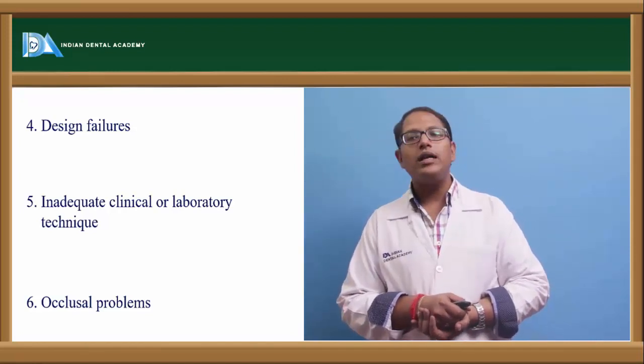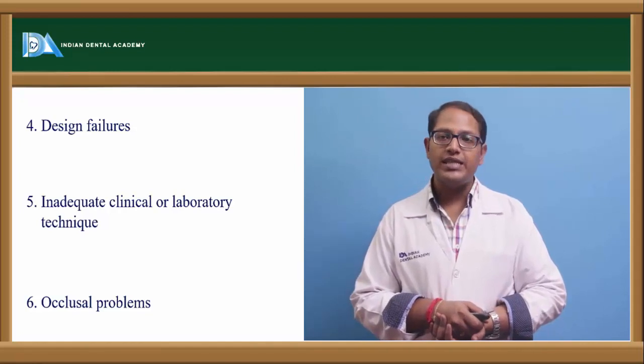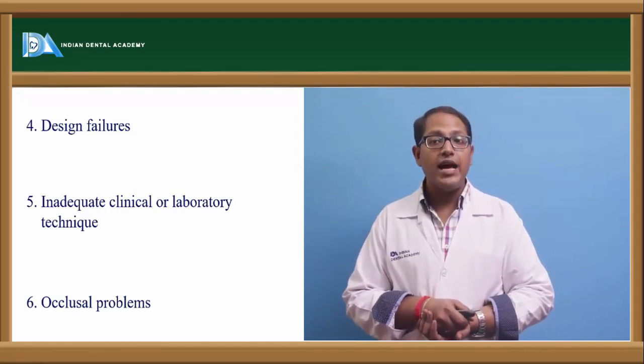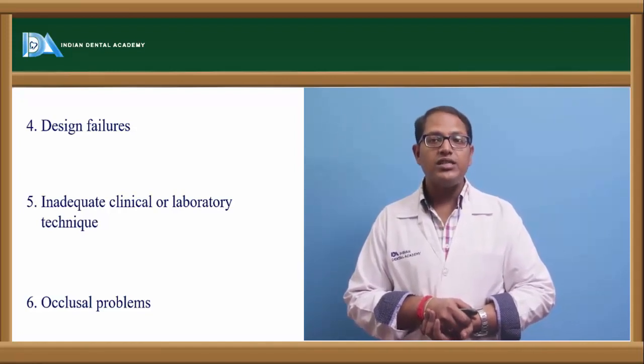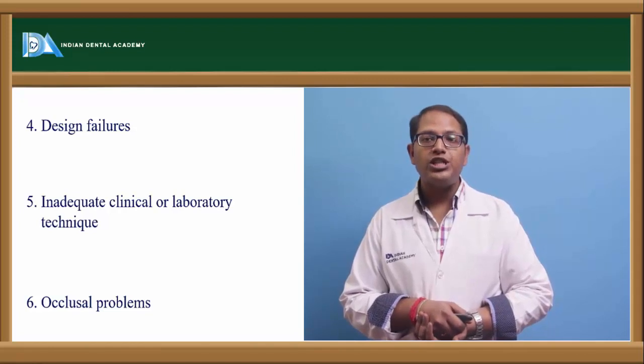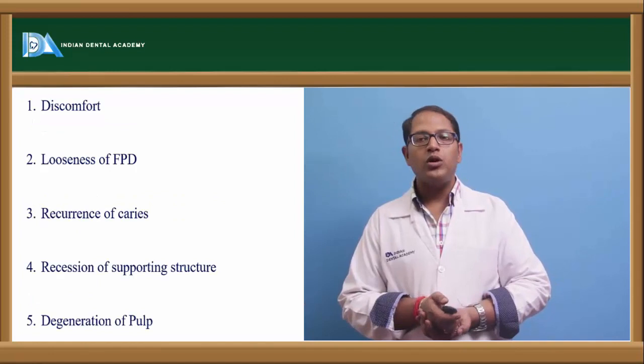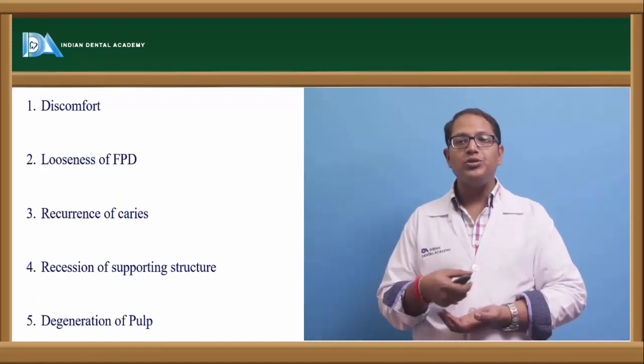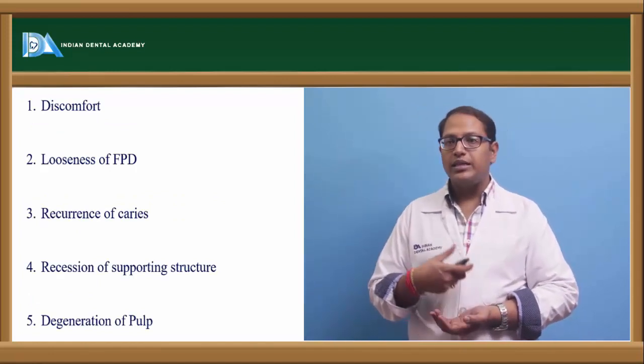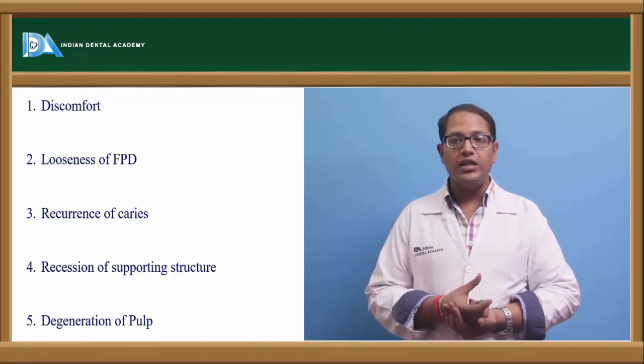Inadequate clinical or laboratory techniques, for example, you can create positive ledges, there can be negative ledges, there can be defects, poor shape or color, or there can also be occlusal problems. Now what all will come due to these things is that there can be discomfort.